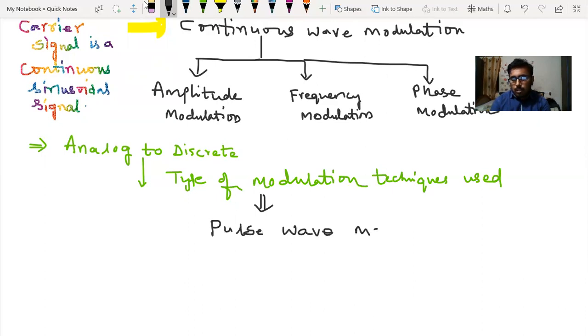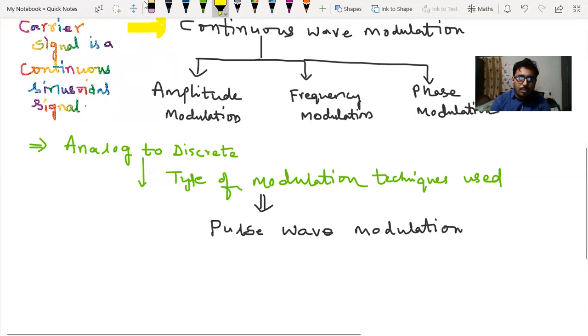When we take the concept of pulse wave modulation, as in pulse amplitude modulation, we can expect discrete related waveform representations. If we ask what pulse wave means, the simple thing is that the carrier signal is in the form of a pulse.